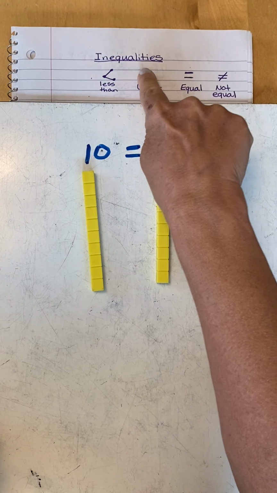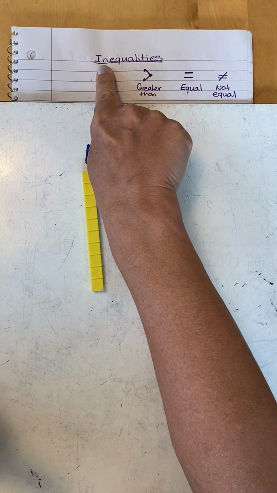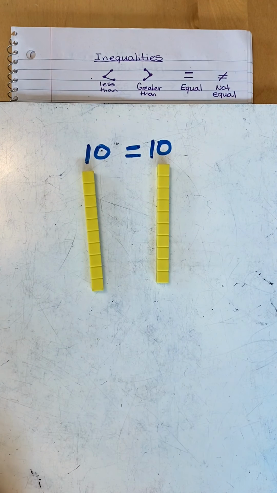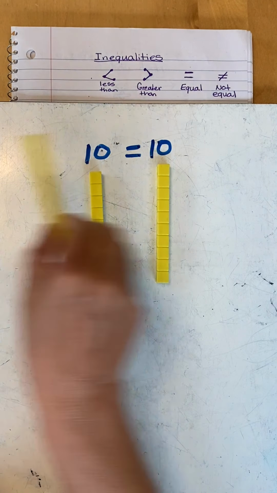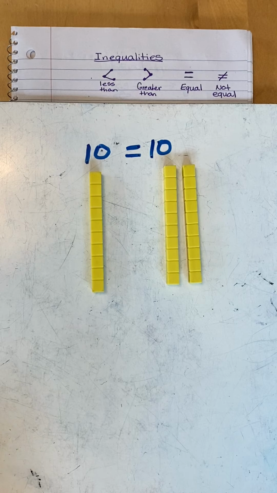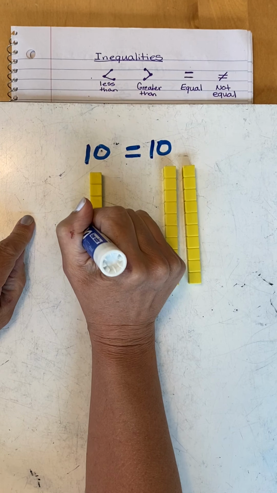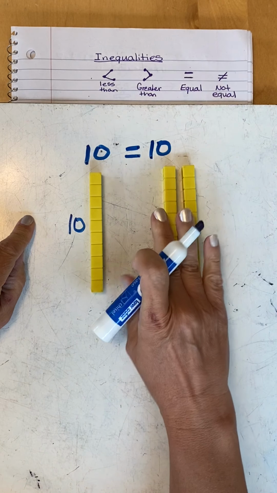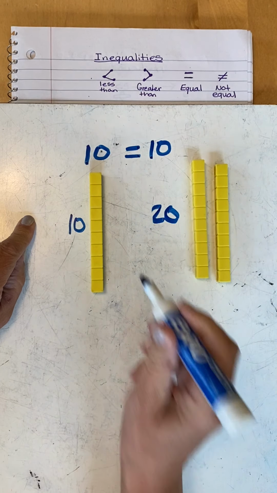inequalities, what we're doing is we're saying what is not equal. If we take a look at that prefix, what's not equal and how do we represent them? So if I say, well, now I have 20 over here, well, we know that the 10 that I have on this side does not equal the 20 that I have on this side.